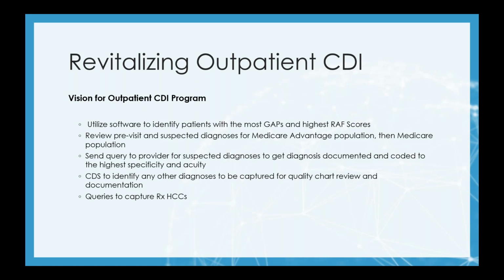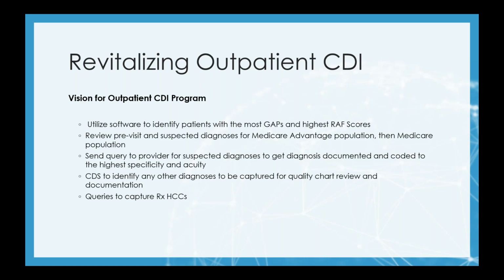Like if those patients have all those chronic conditions, we want to make sure that we're providing good patient care and that we're following up with the patient. So it's all about the patient satisfaction, and it should be all about the patient anyway with the outpatient CDI program, not just about incentives, but also that overall quality patient care.